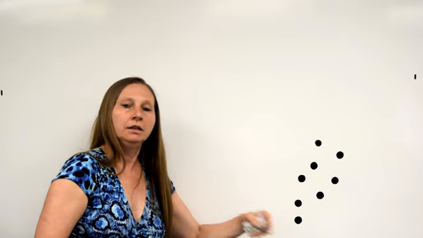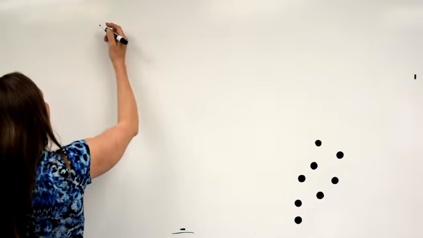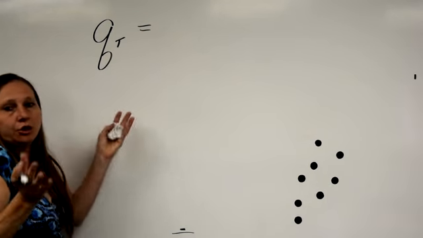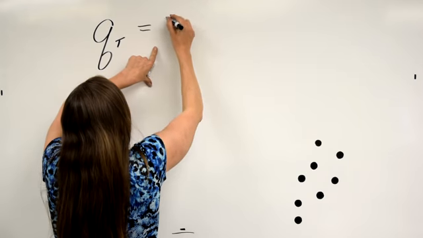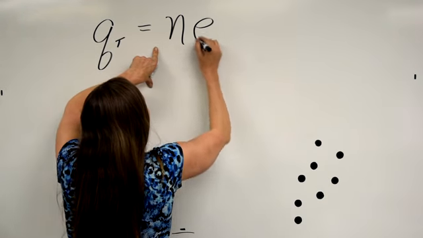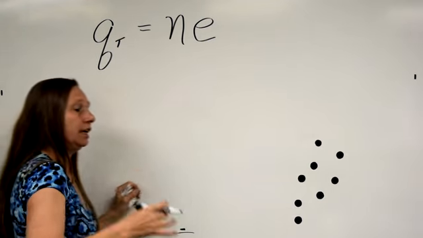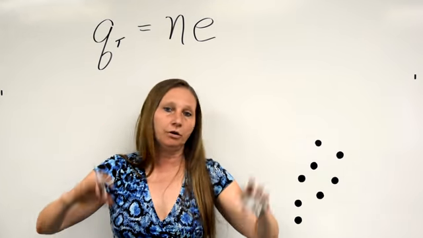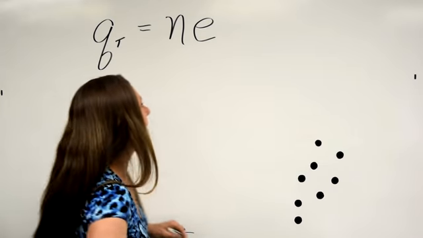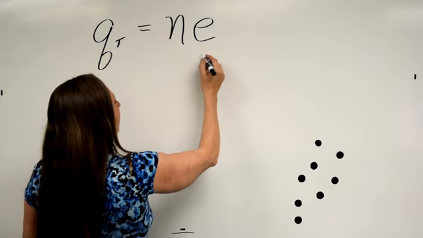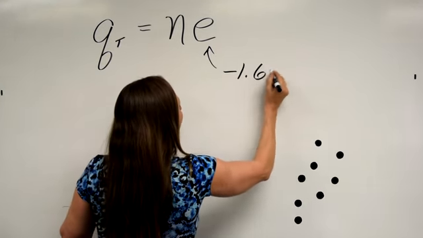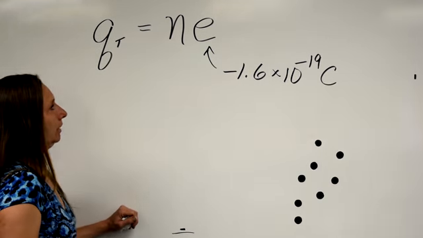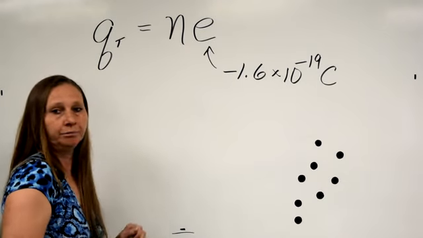And apply the concept of using this little equation: the total charge, you can say charge total, or just charge, how much charge, is going to be equal to the number of electrons we have times the elementary charge, which in our universe, on our Earth, and on Jupiter, and in Alpha Centauri, and everything in our universe, the elementary charge is negative 1.6 times 10 to the negative 19 coulombs. It's not negative 3, it's that number.